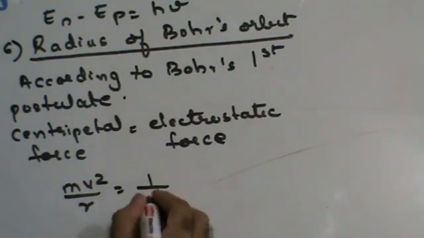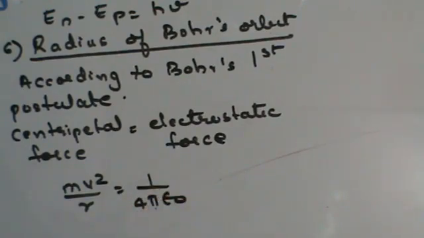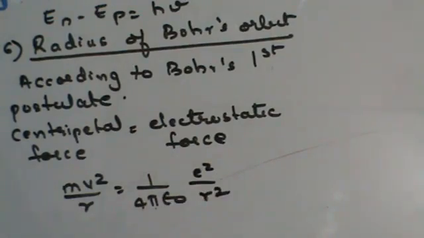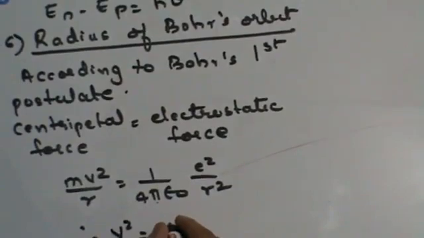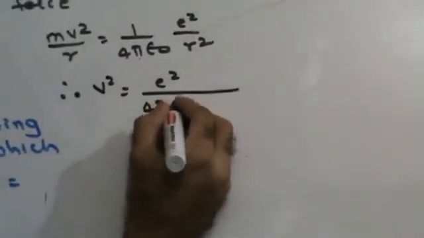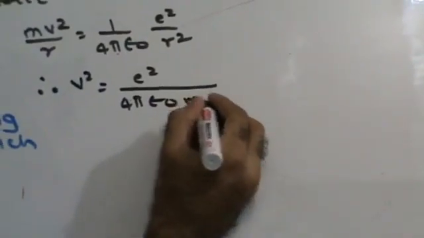Electrostatic force is 1 upon 4 pi epsilon 0 e square by r square. Right, that's Bohr's first postulate. Therefore, I can say that v square is nothing but e square upon 4 pi epsilon 0 mr. Right? That is as per Bohr's first postulate.